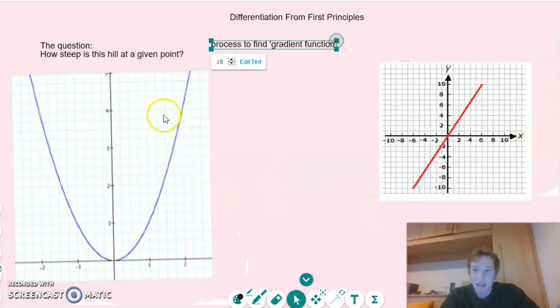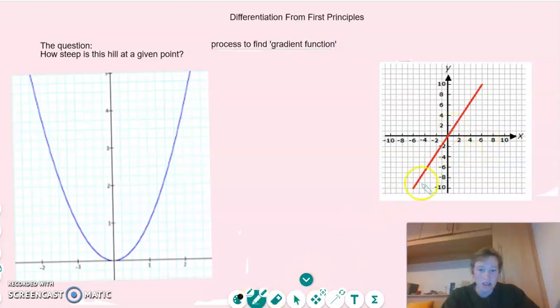Now this is a bit tricky because it's not a straight line, but let's use a straight line to review what we know about gradients. To figure out the gradient of a straight line, you normally just pick 2 points, and then you draw your little triangle, and then you find the change in x, or the horizontal distance between them, and then the change in y, or the rise, the vertical distance between them.